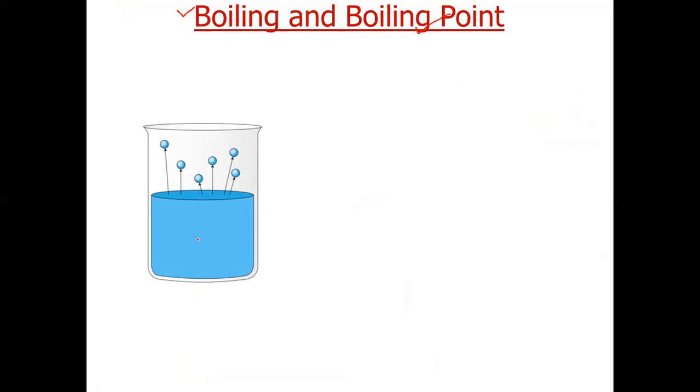Now we know that the molecules of the liquid lying at the surface have a tendency to escape from the liquid state and go into the vapor state. So they exert some vapor pressure.